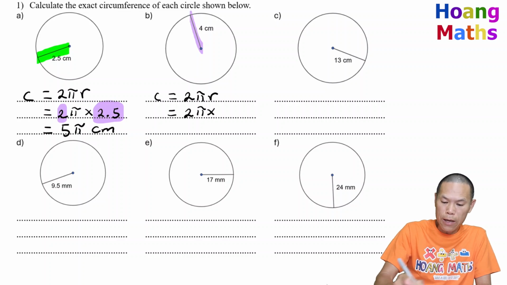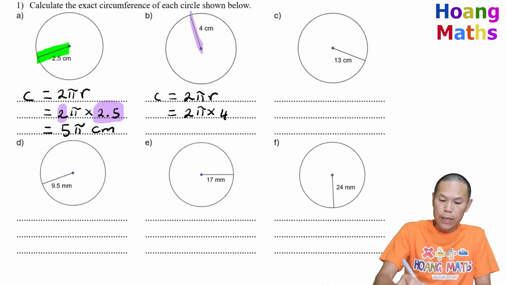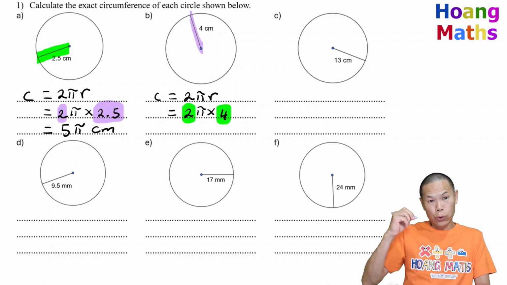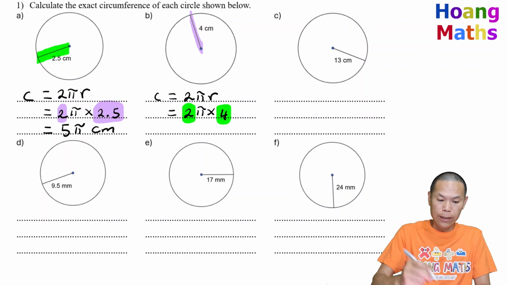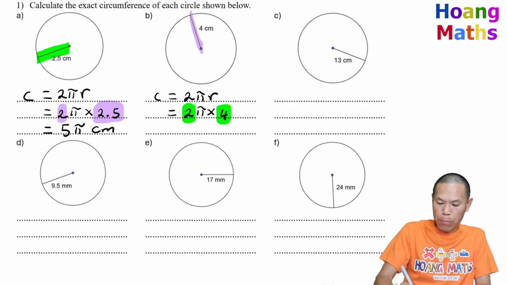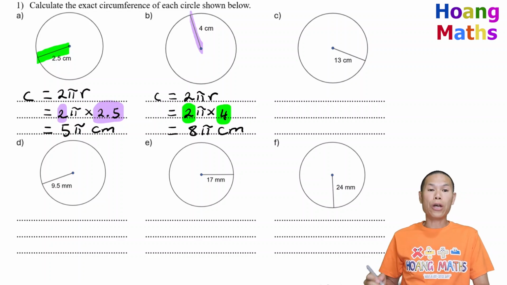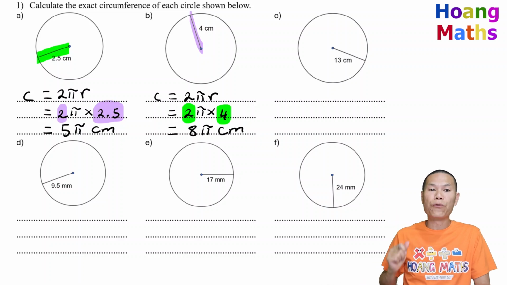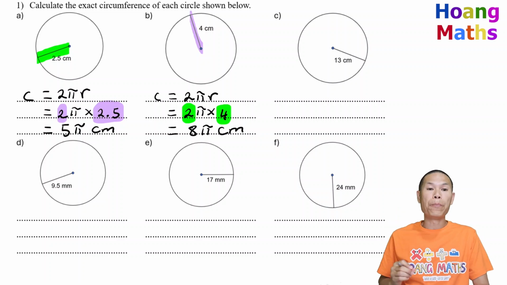So we times by 4. And to work out the exact, we need to use 2 times 4. And 2 times 4 is 8. So the answer is 8 pi centimeters. So there you go. This is the exact circumference of this circle here.